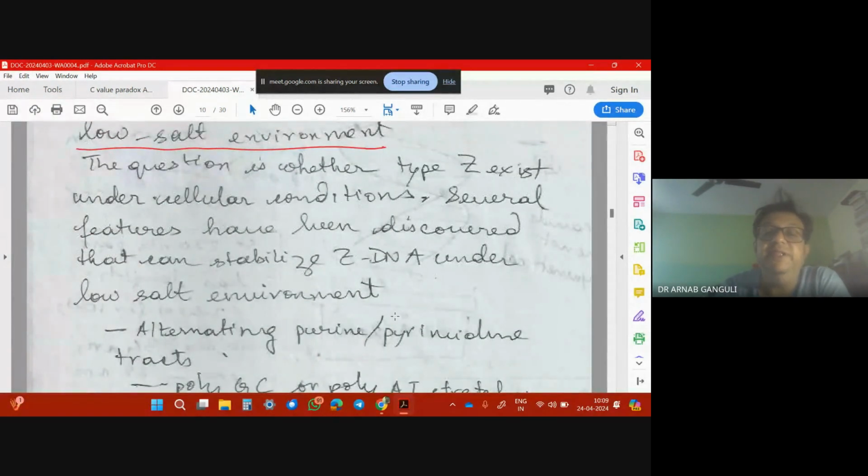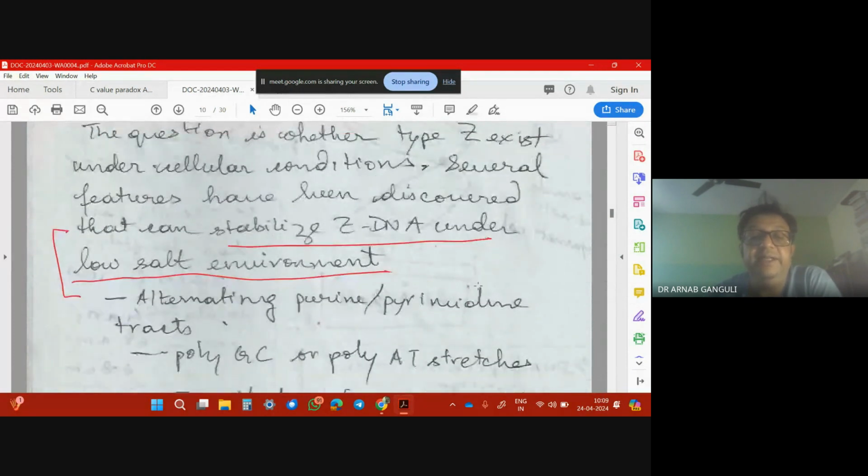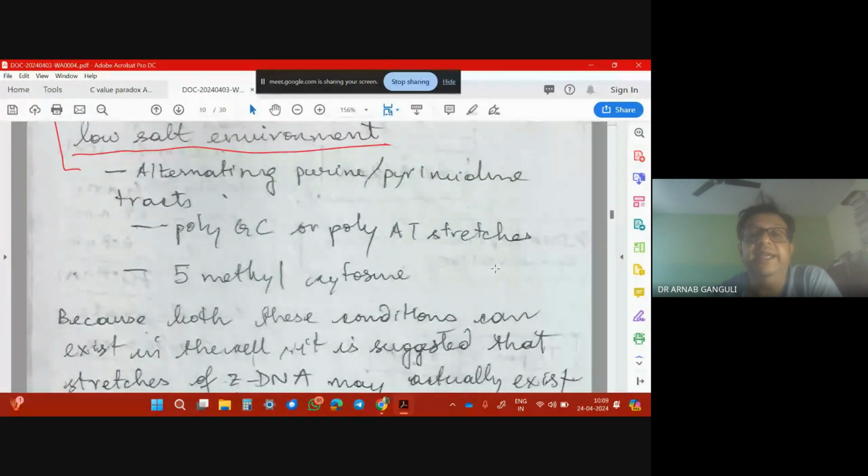Several features have been discovered that can stabilize the Z-DNA molecule under a low salt environment. So what are the cases where you have alternating purine and pyrimidine tracts?